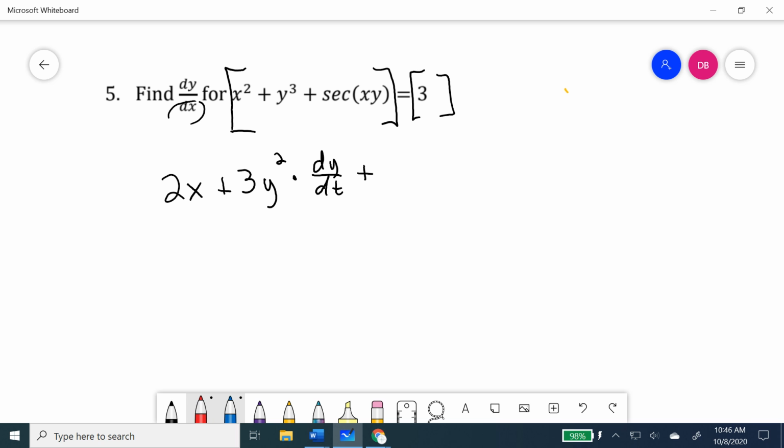Then realize you have secant of baby. So derivative of secant blah is secant blah, tangent blah. You must write that x times y in both of those spots.